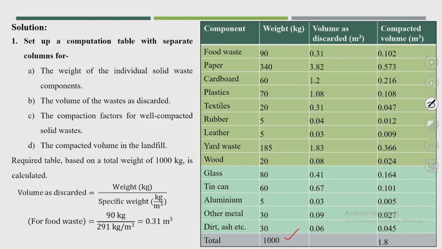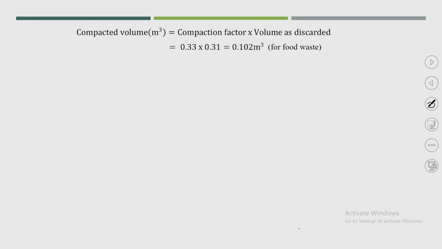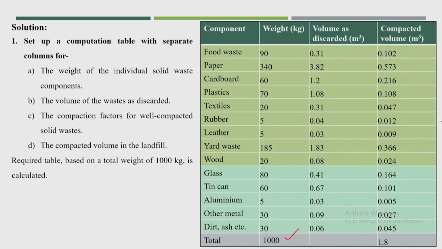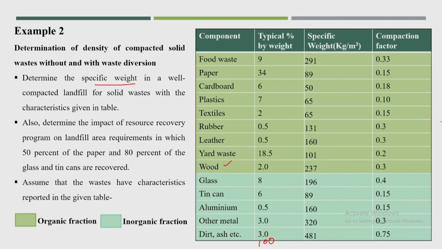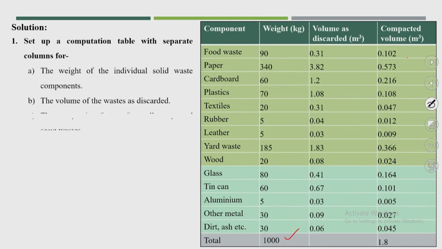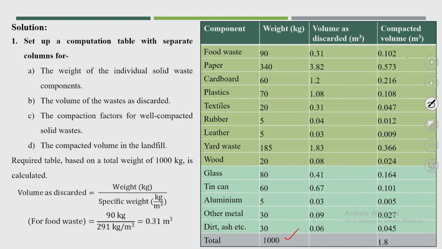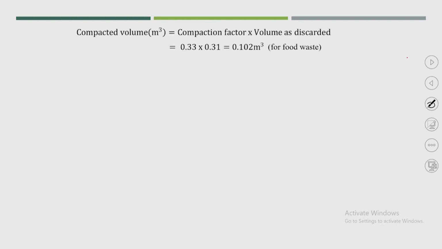Then we multiply this volume as discarded with the compaction factor. The compaction factor was 0.33 for food waste, you see here. So 0.31 multiplied by the compaction factor of 0.33 gives the compacted volume for food waste, 0.102 meter cube.